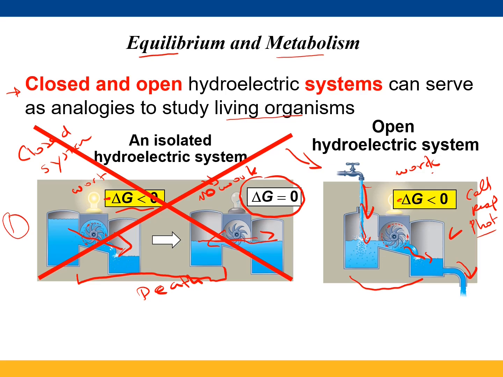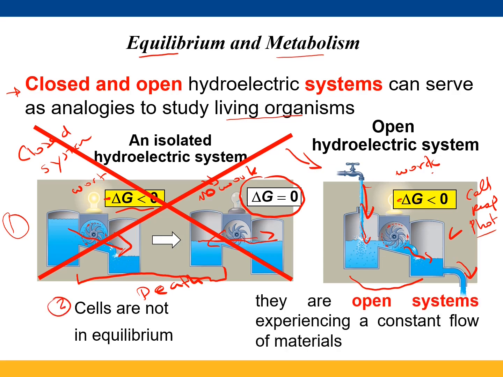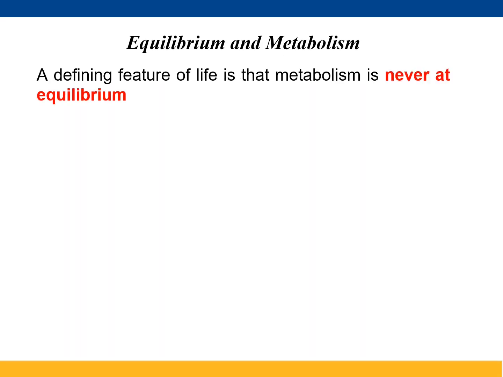This will look more like a death, like that. So cells in particular are not in equilibrium either. And on the other hand, they are open systems that are experiencing a constant flow of materials. I just want to remind you that, as I said before, a defining feature of life is that they are never at equilibrium.